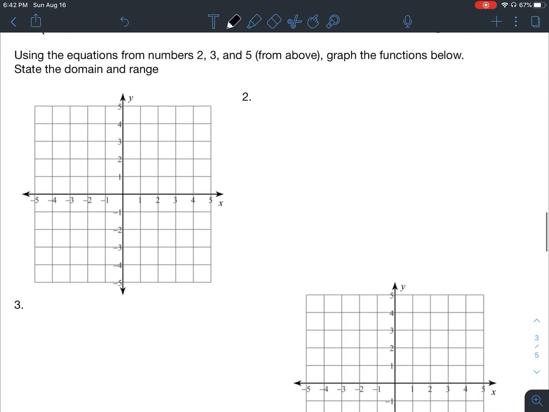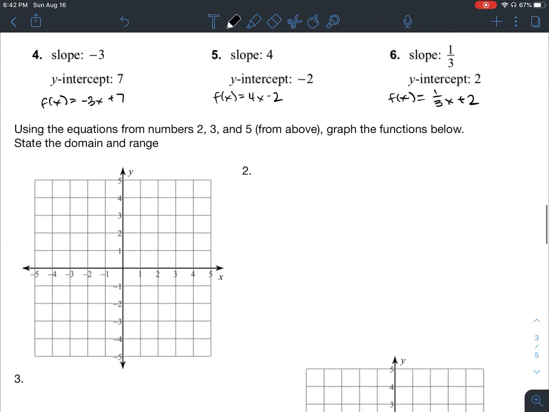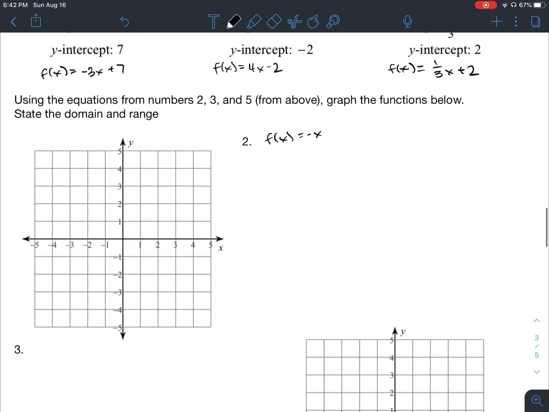Alright, so for these ones, we're going to graph our equations that we had for 2, 3, and 5. So starting with 2, we said f of x is equal to negative x. One way you can go about this is you can create your table of inputs and outputs.